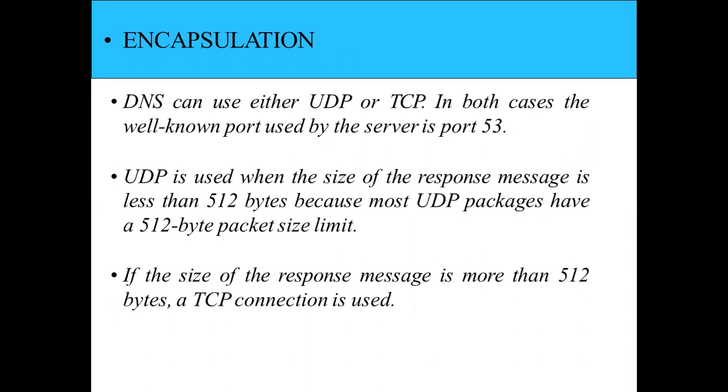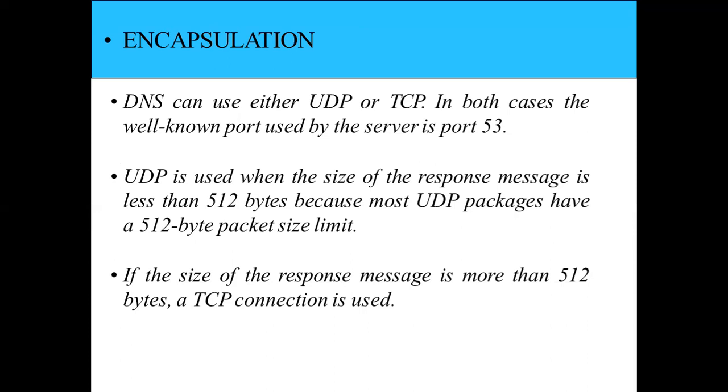So encapsulation is what? DNS can use either UDP or TCP. In both cases, the well-known port used by the server is port 53. Now UDP is used when the size of the response message is less than 512 bytes. Okay? Whenever the message size is less than 512 bytes, at that time UDP is used.